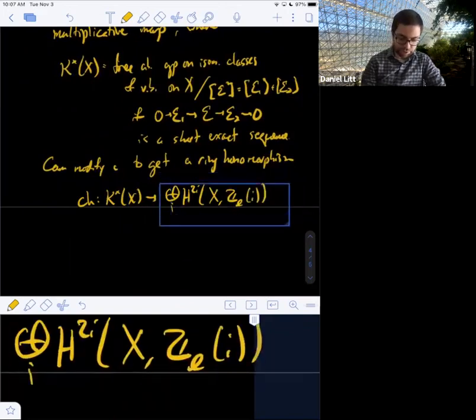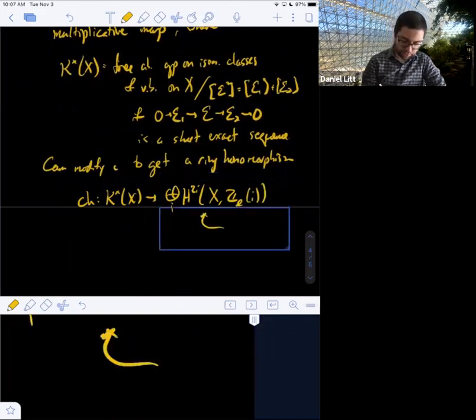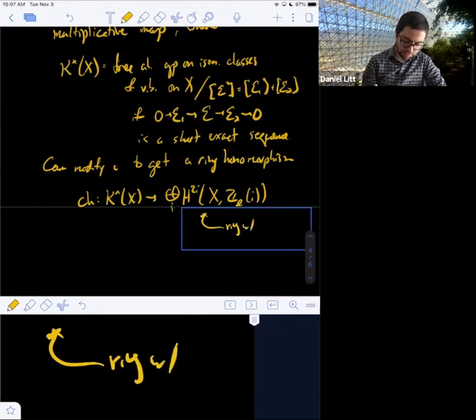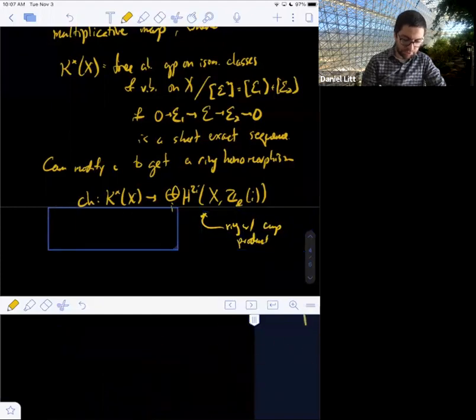On the left, this is a ring with the cup product. And here, this becomes a ring with the tensor product as the operation.